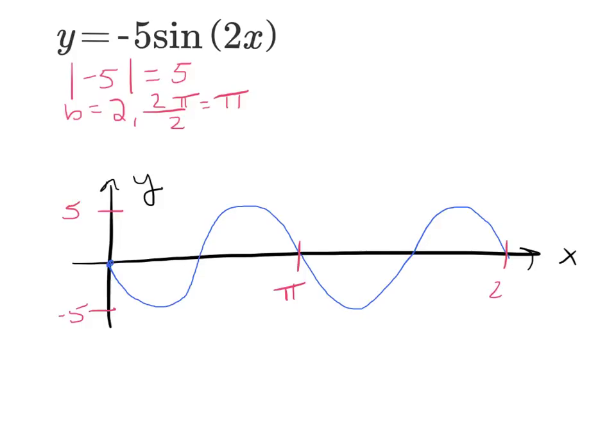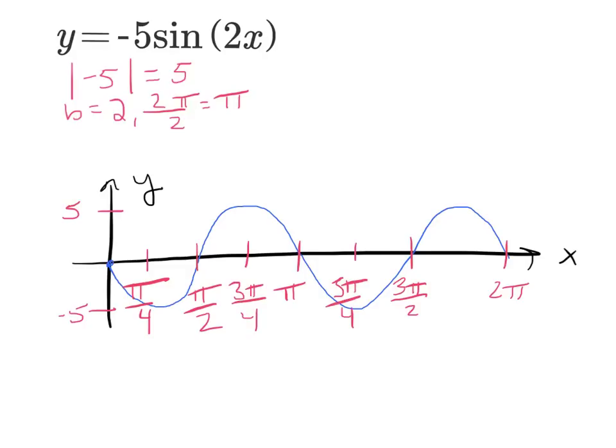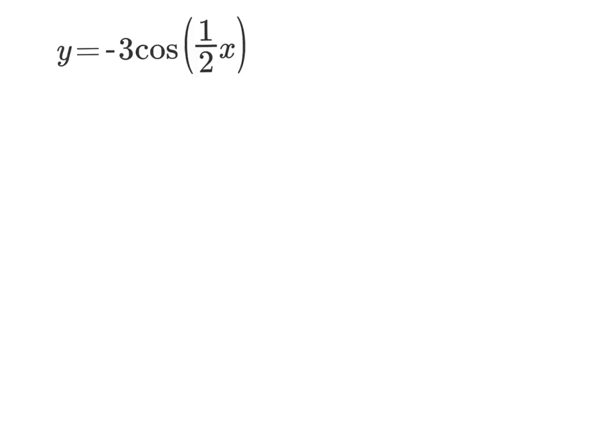That was pi, 2 pi, half of pi, 3 pi over 2, a quarter pi, and here we go, pi over 4, 2 pi over 4, 3 pi over 4, 4 pi over 4, 5 pi over 4, 6 pi over 4, 7 pi over 4, and then 2 pi is 8 pi over 4. Label with the graph. And that's that. So if your function is negated, it means that you're going to reflect the graph over the x-axis.